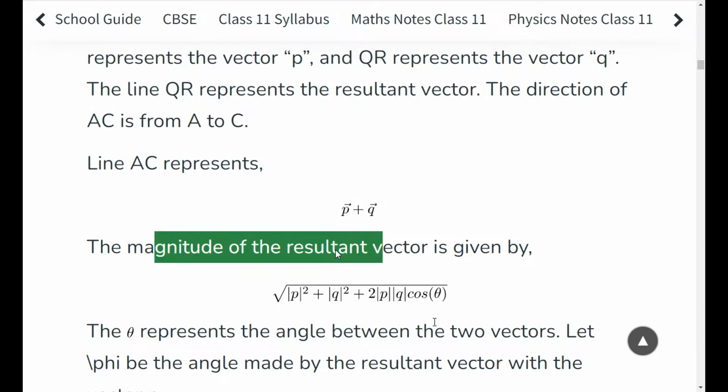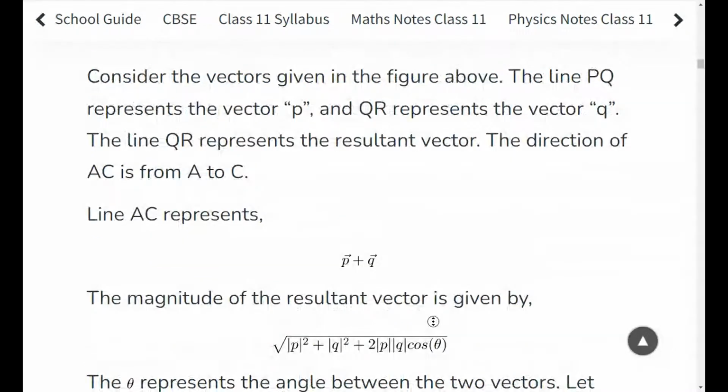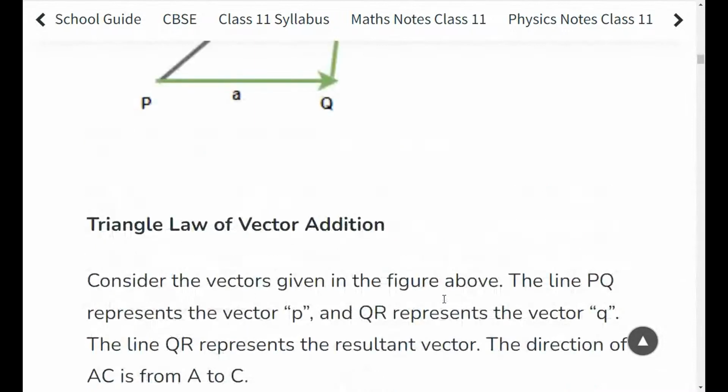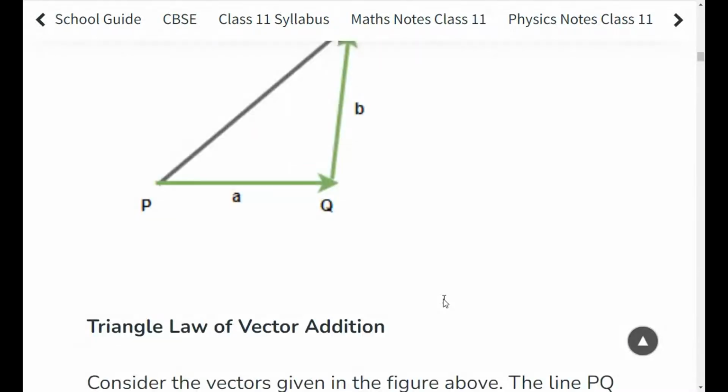So we are talking about this one, the diagram we have here, right? Same diagram. We have this part, the resultant, making some angle with the base.